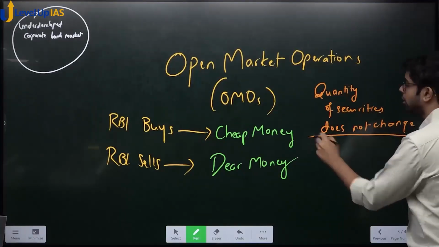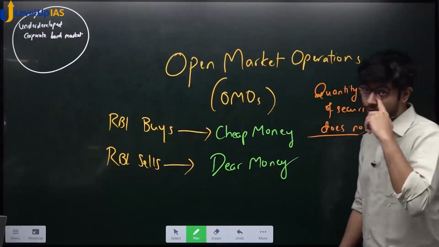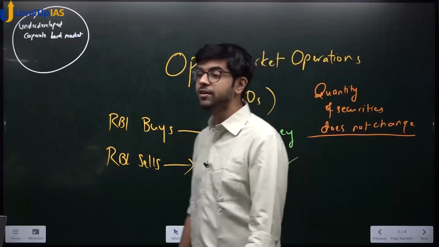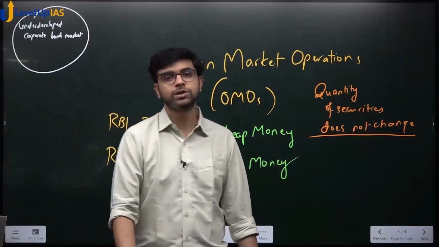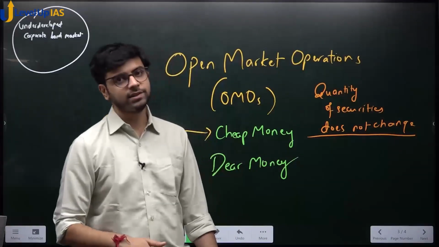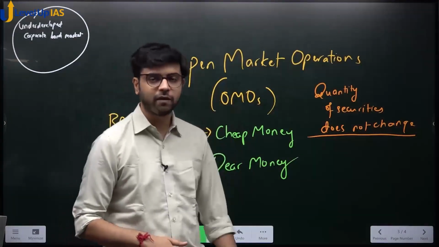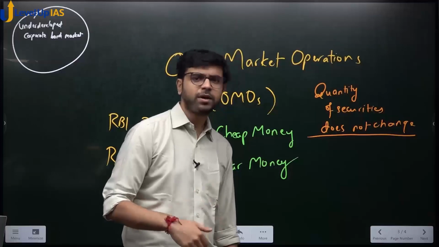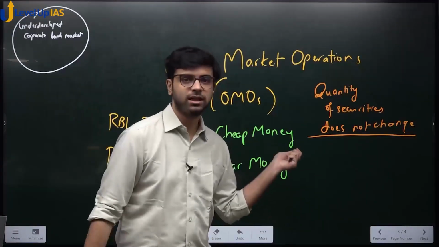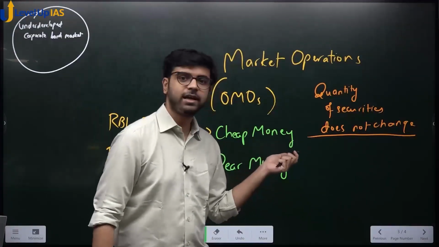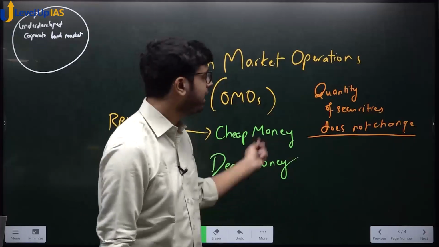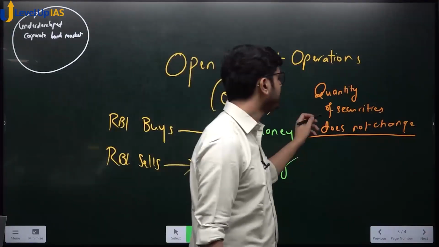The quantity of securities does not change because you are buying from RBI, but RBI is not selling a new security. It is holding an existing security which it has purchased from government. As a customer, it is selling it to you. See, this is resale. This is second hand dealing. Quantity of securities does not change.